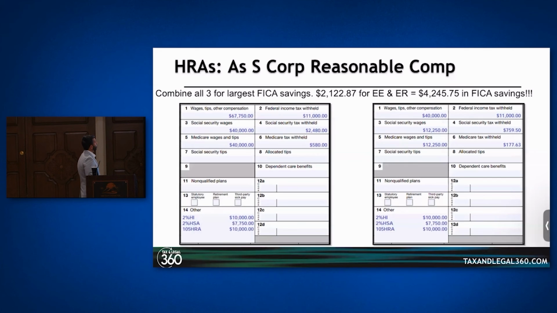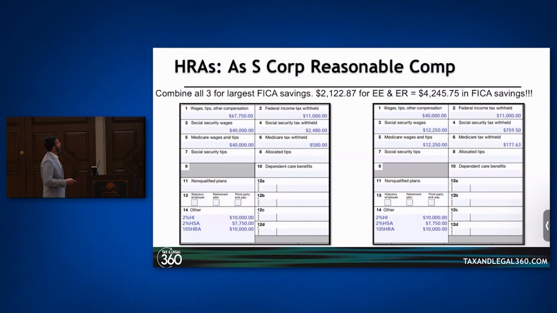Now, what you can do is lump all three together. So if you're one of those people who are fortunate to have your health insurance premiums deductible, right? We said that that was 10 grand. You also participate in an HRA, that's 7,750. And you also have an HRA where your medical expenses are 10 grand, you know, this starts to add up, right?